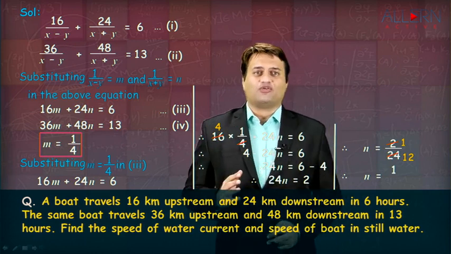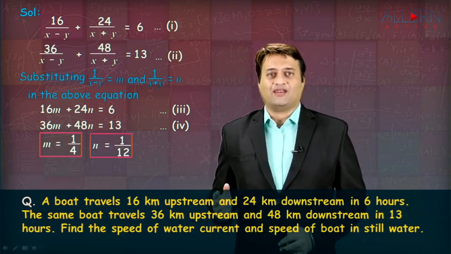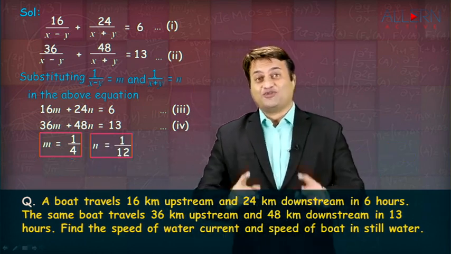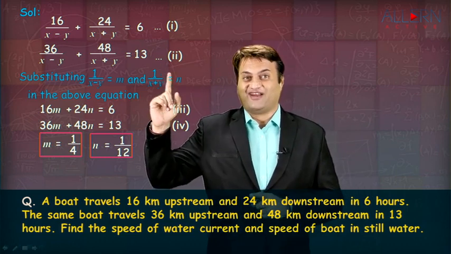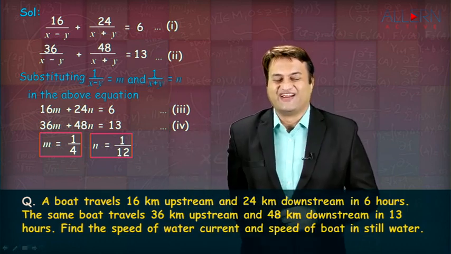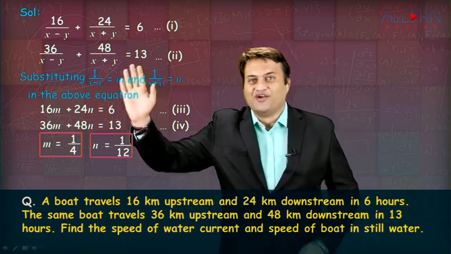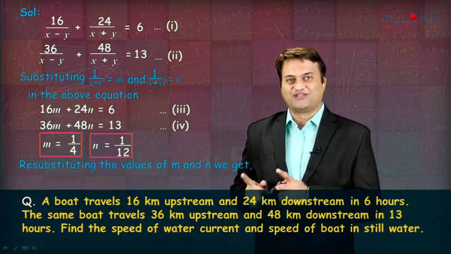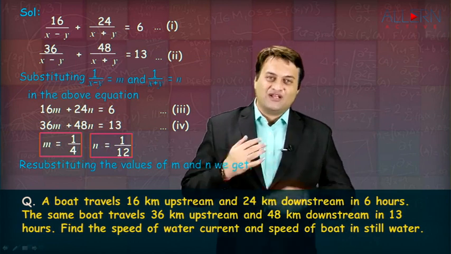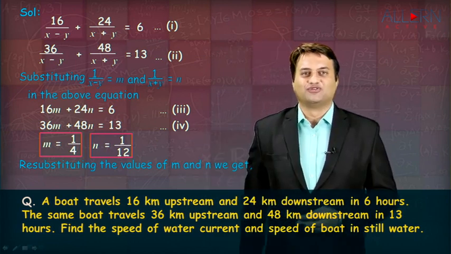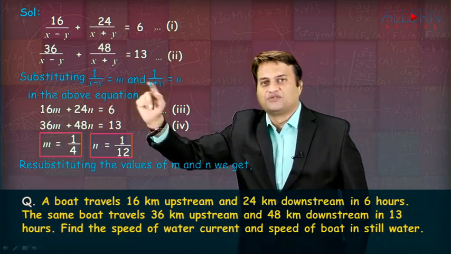We get the value of m. We get the value of n, but the sum is not over, because we are interested in the values of x and y. I hope you all remember this, right? And how do we get x and y? Wherever there is a substitution, there has to be a resubstitution. So let's resubstitute and get the values of x and y. How do we resubstitute?